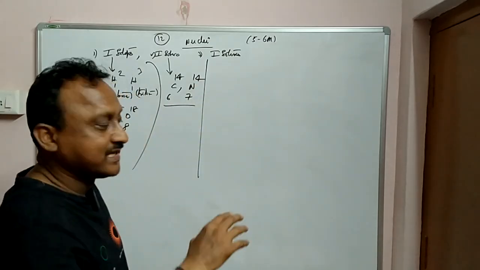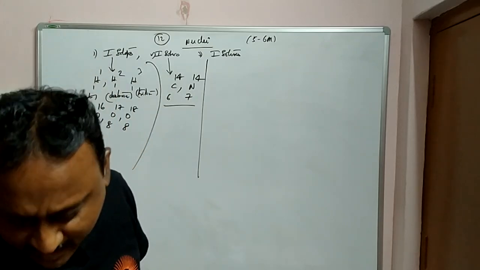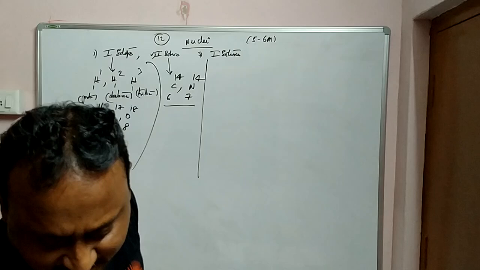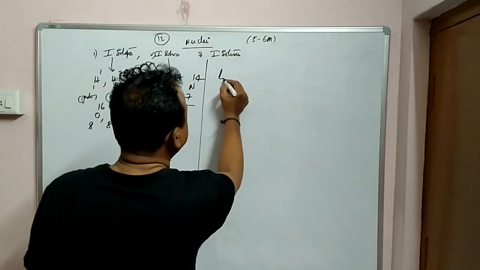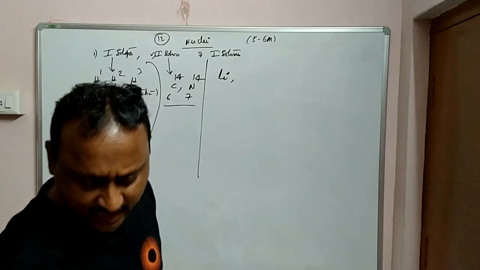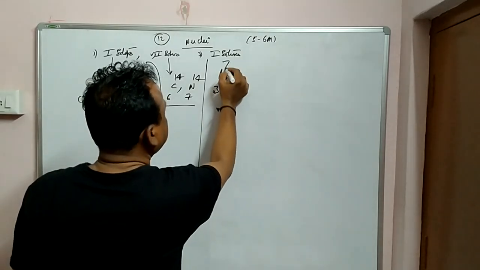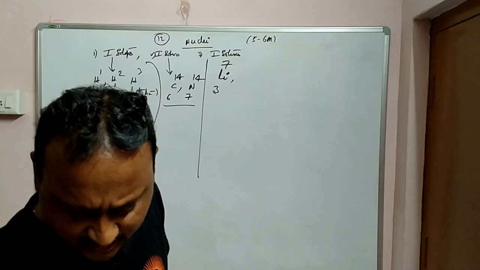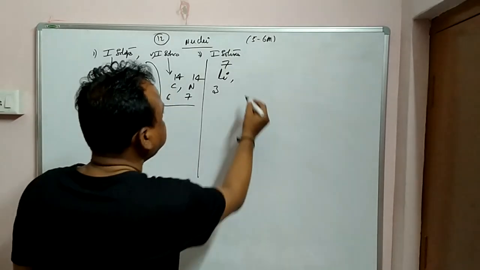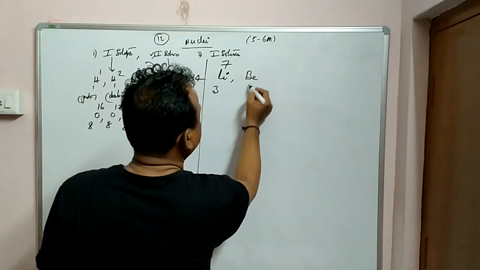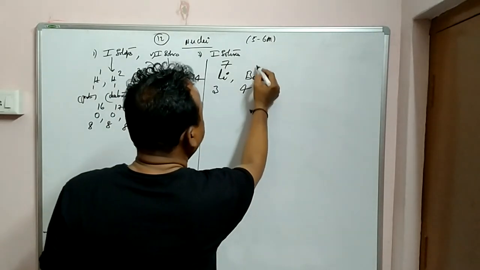Coming to isotones. Here we see atoms of different elements, different atomic number and different mass number, but the same number of neutrons present. For example, you take lithium 3, 7: 3 atomic number, 7 mass number, and also one more, beryllium 4, 8.